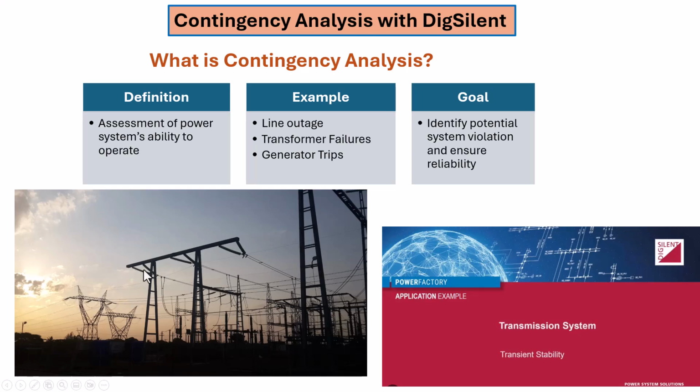Contingency analysis basically involves studying the power system behavior when an unexpected failure occurs. Like we may have a transmission line failure, basically a line outage, maybe a pylon might fall because of a storm, or a transformer failing, or maybe you may have a generator tripping. In the case of generators tripping, we may take an example of a coal-fired power station during the power outage here in South Africa.